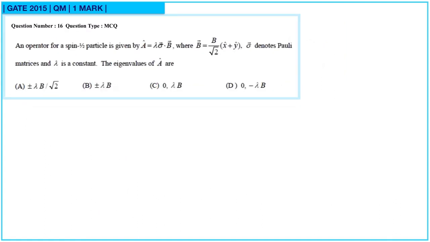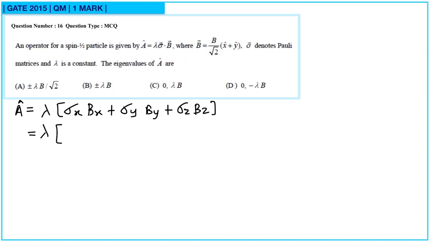Next question. An operator for a spin-half particle is given by A bar is equal to lambda sigma bar dot B bar, where B bar is given and sigma denotes Pauli matrices and lambda is a constant. The eigenvalues of A are. So A is equal to lambda sigma dot B. So that is sigma x Bx plus sigma y By plus sigma z Bz.